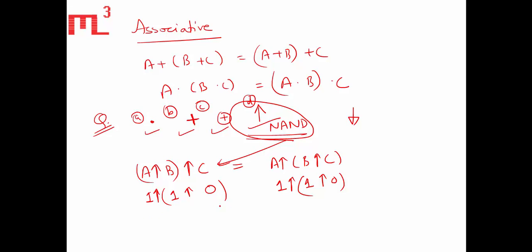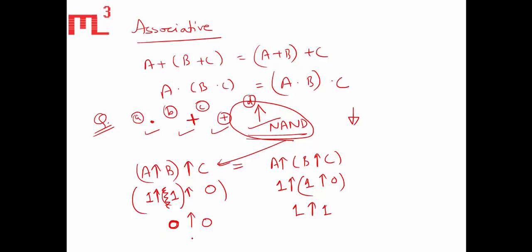Okay. Now as we all know, for NAND gate, this will come here. So 1 NAND 1 will give you 0. You must know that 1 NAND 1 will give you 0, NAND 0, and 1 NAND 0 will give you 1.